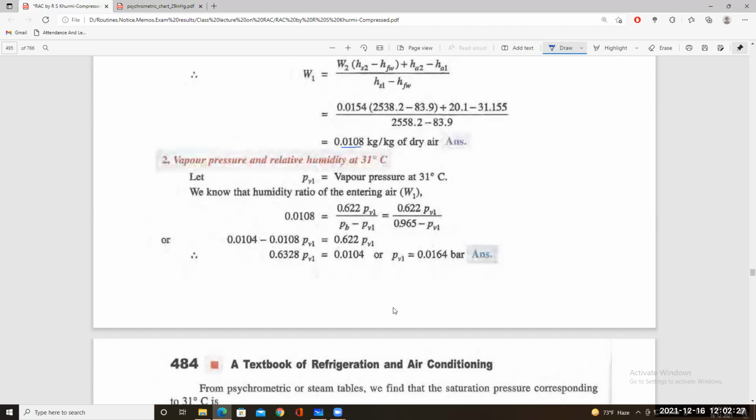By putting in the value of the barometric pressure, which is known to us, we get the partial pressure of vapor Pv1, or P1, equal to 0.01664.